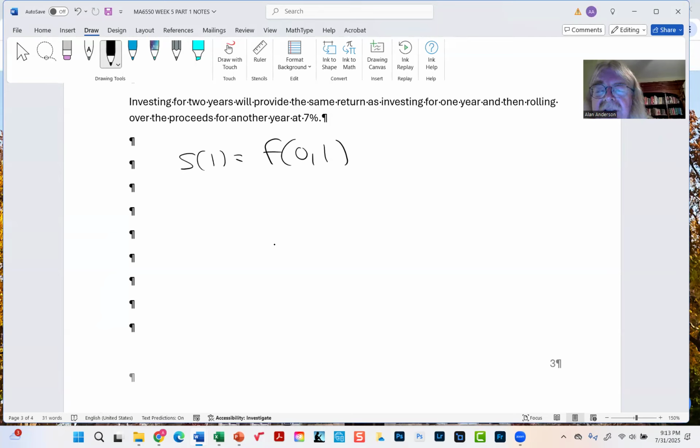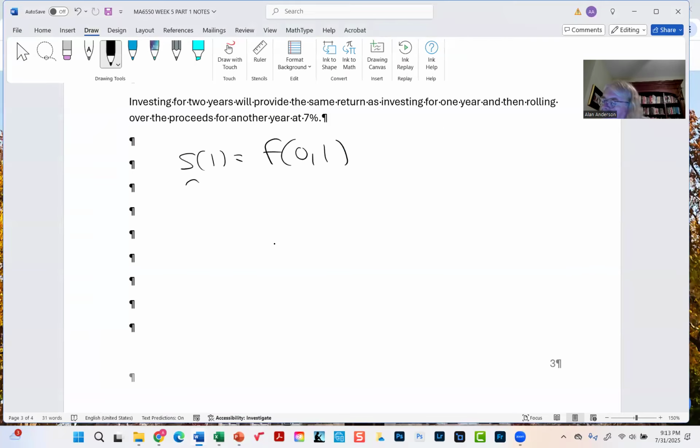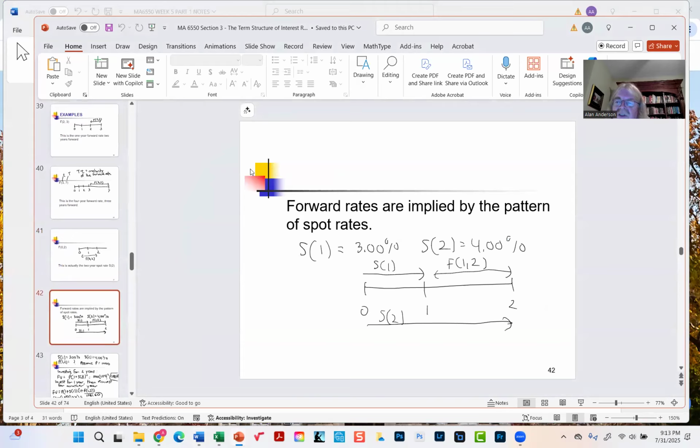So therefore, it is itself a spot rate. By definition, a forward rate that starts immediately is a spot rate. And that means, for example, S2 would be F0 comma 2. We'll see why that matters later on.